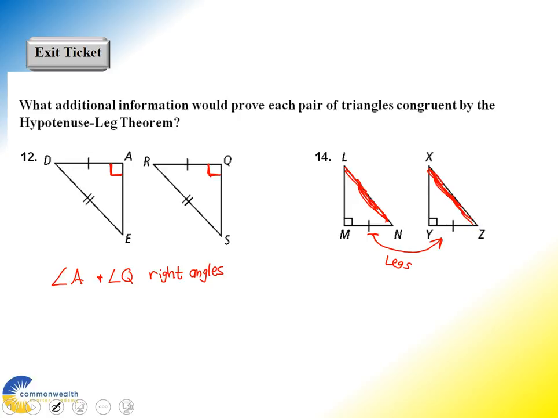For me to use the hypotenuse leg theorem for this, I'd have to know that side LN is congruent to side XZ. There are other things I could know about the triangles to help me prove that they're congruent, but this is the one that's specifically congruent by hypotenuse leg theorem, or as we call it, HL.